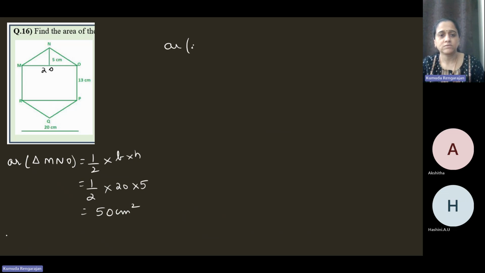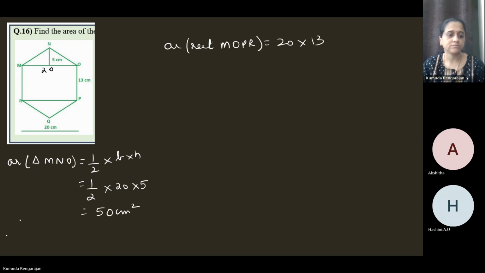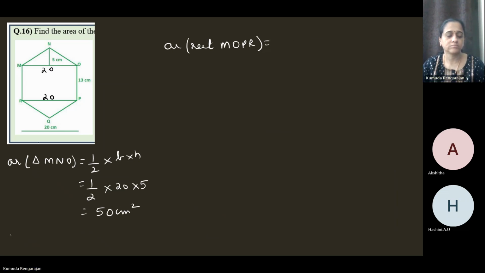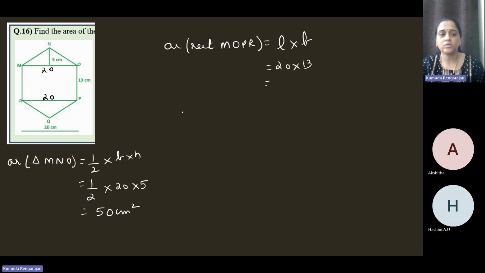Area of rectangle MOPR is base 20 into 13, L into B, 260 centimeters square. Area of triangle RQB is equal to area of triangle MNO, so we can directly put 50 centimeters.